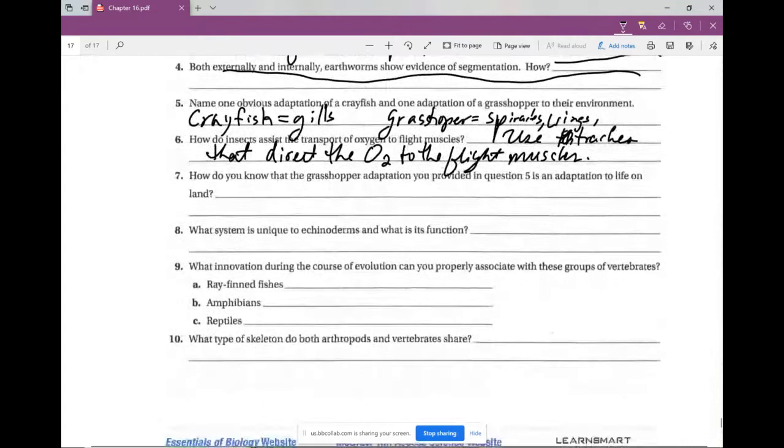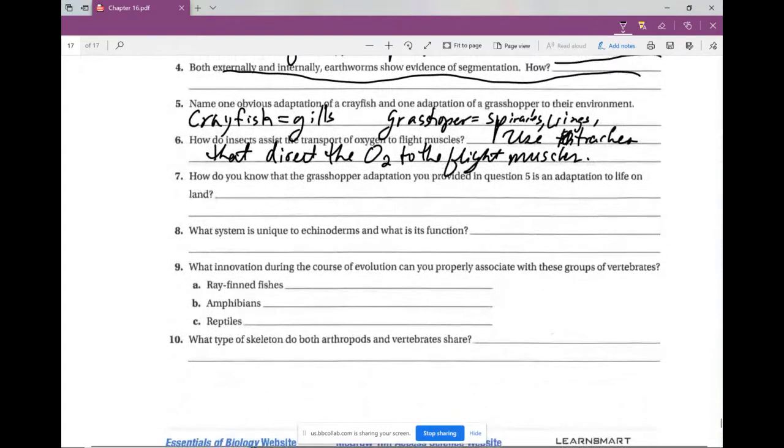How do you know that the grasshopper adaptation you provided in question 5 is an adaptation to life on land? We spoke about spiracles and wings, or jumping legs. None of those would function underwater.